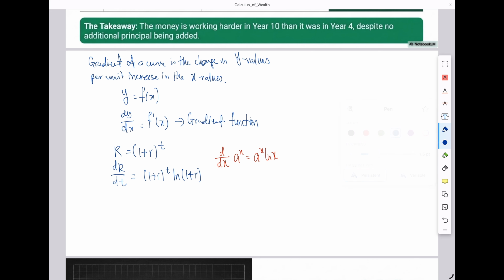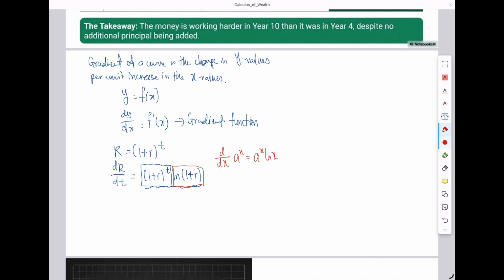So now let's see what this tells us. This tells us that the rate of change of my capital R value depends on two things: this exponential, (1 plus r) power t, multiplied by a constant factor. What factor is that? It is ln(1 plus r).